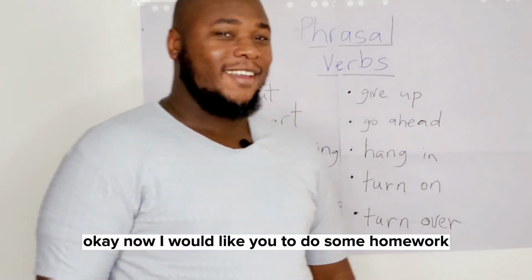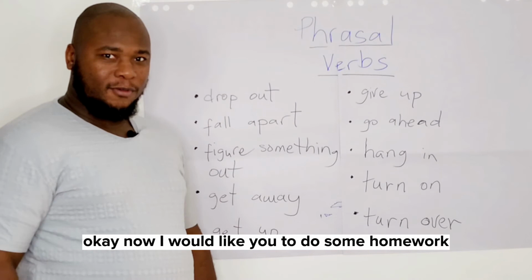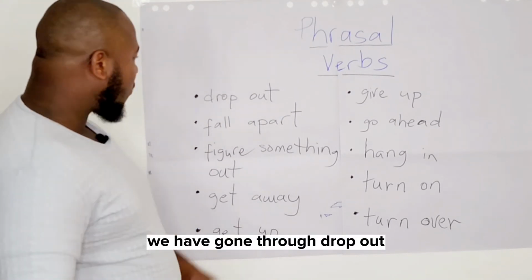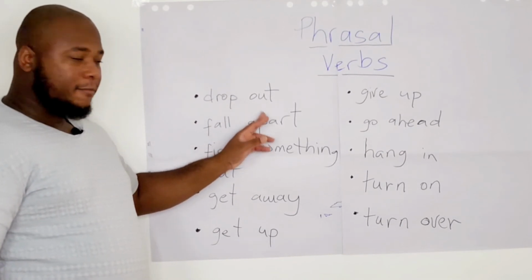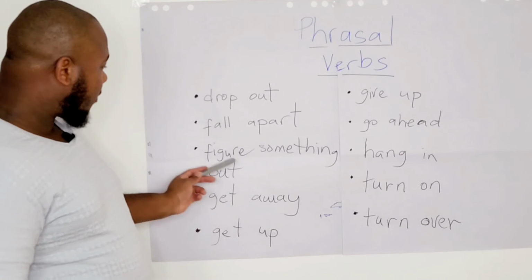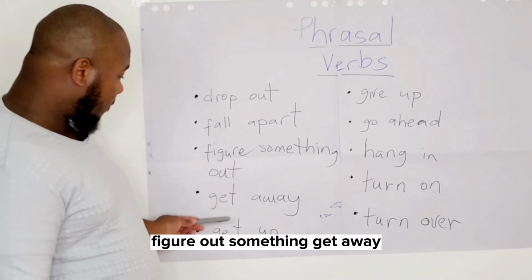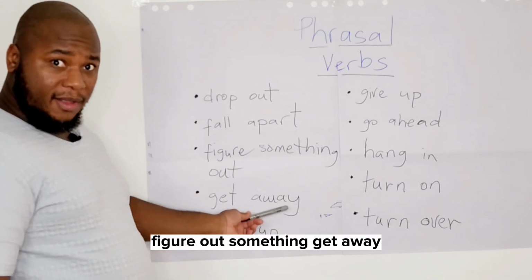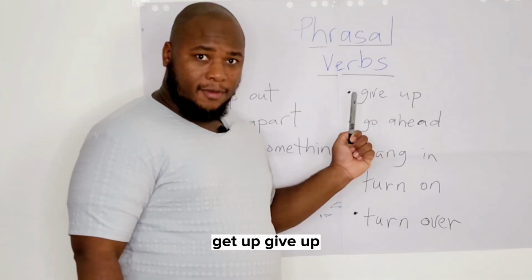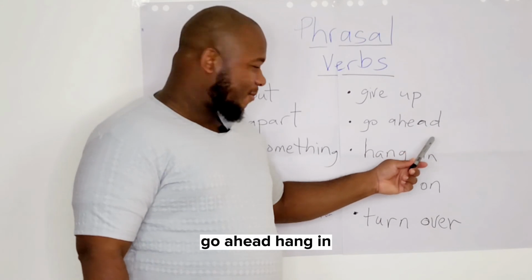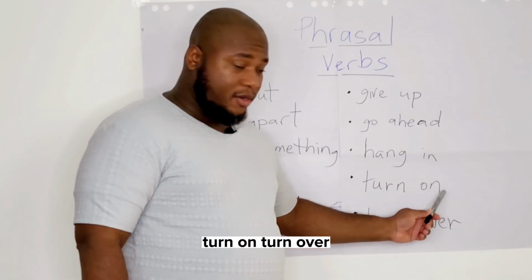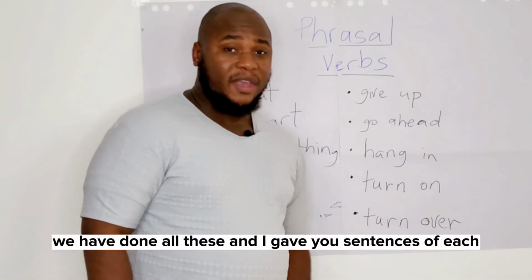Okay? Now, I would like you to do some homework. We have gone through drop out, fall apart, figure something out, get away, get up, give up, go ahead, hang in, turn on, turn over. We have done all these.